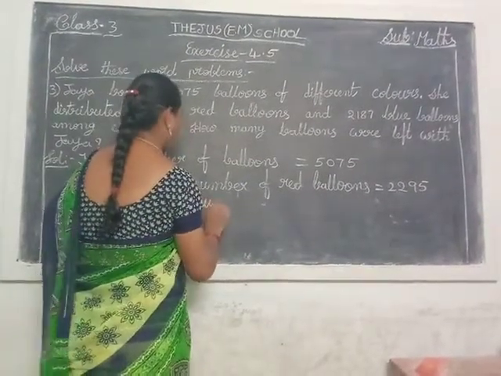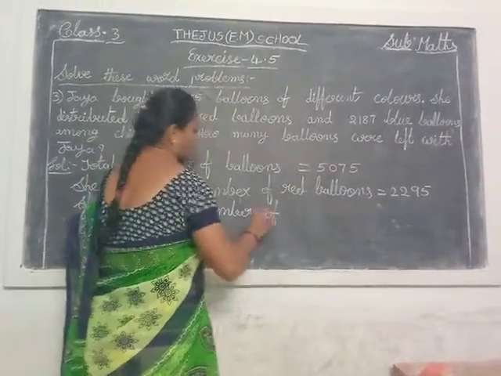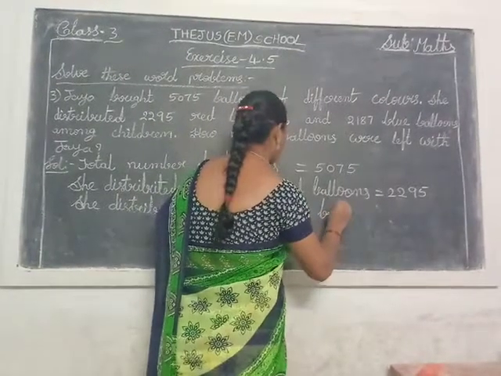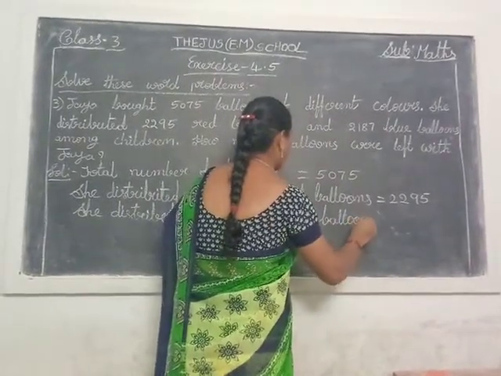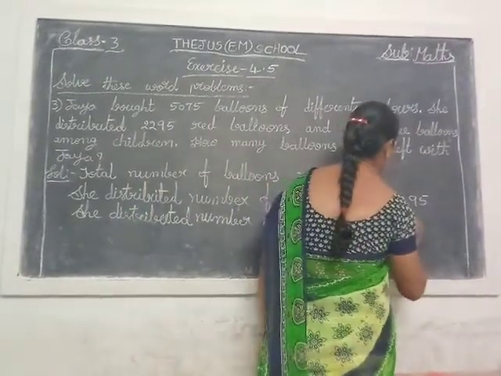Number of blue balloons. How many children, blue balloons? 2187.